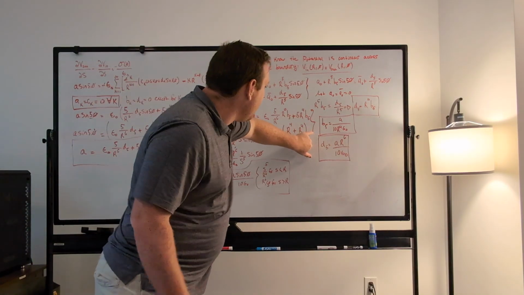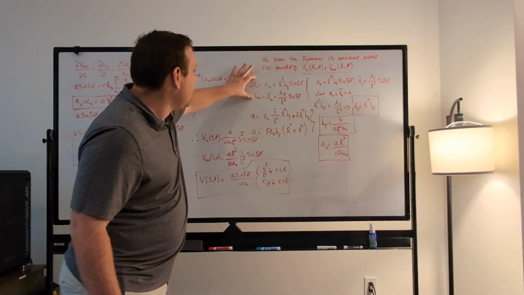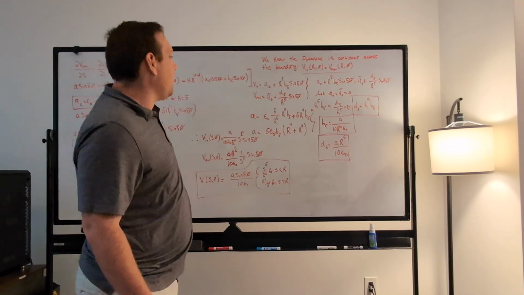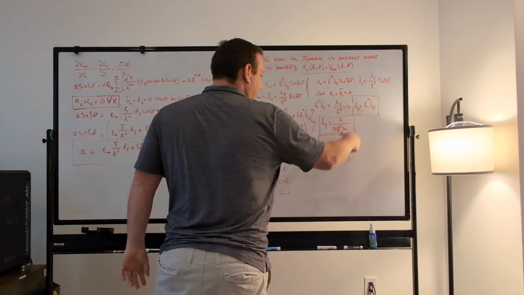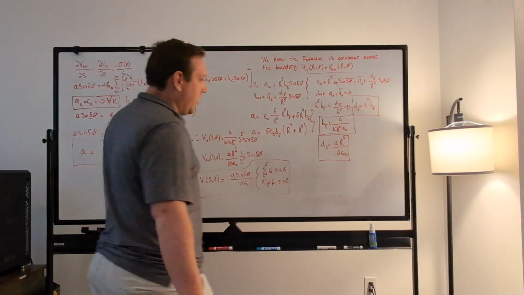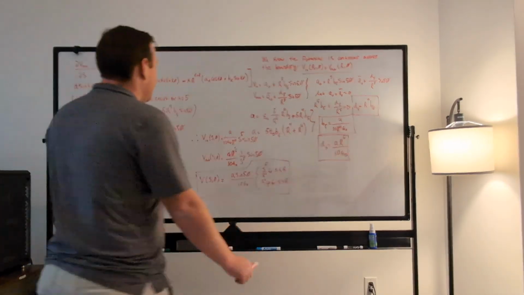We have our two coefficients. These are our equations. What we didn't know was b sub 5 or d sub 5. Now we have b sub 5 and d sub 5 in terms of things that we know. So all we have to do is plug those in.